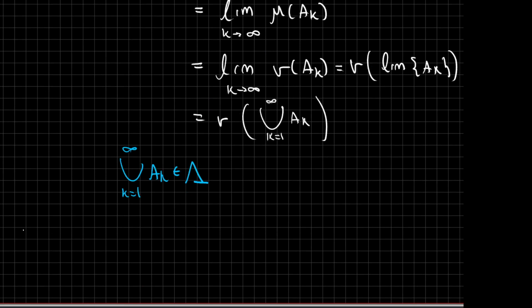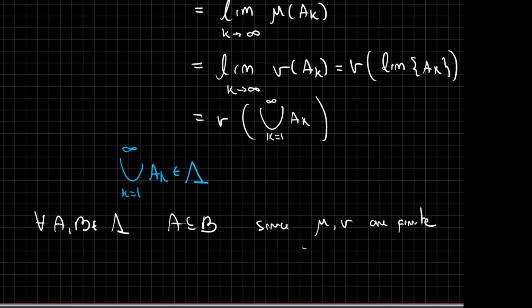Now finally, let's say we have a couple of elements inside of the set such that one is a subset of the other. Since these two measures are finite, then the measure of a and the measure by the other function of a is finite.